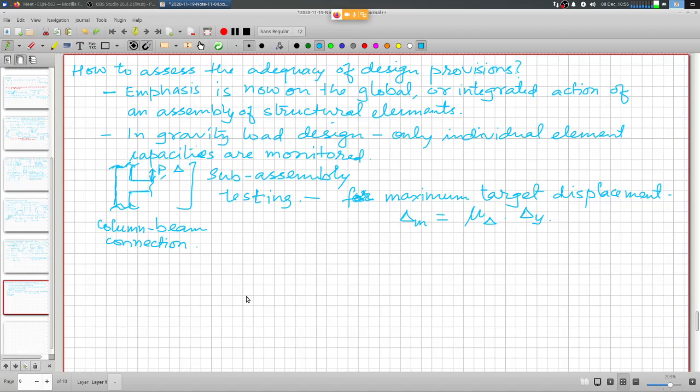Columns, as I said, we don't allow hinges to form in columns, so the potential hinge location is somewhere here, around a distance of D from the column face. So that is the potential hinge location.